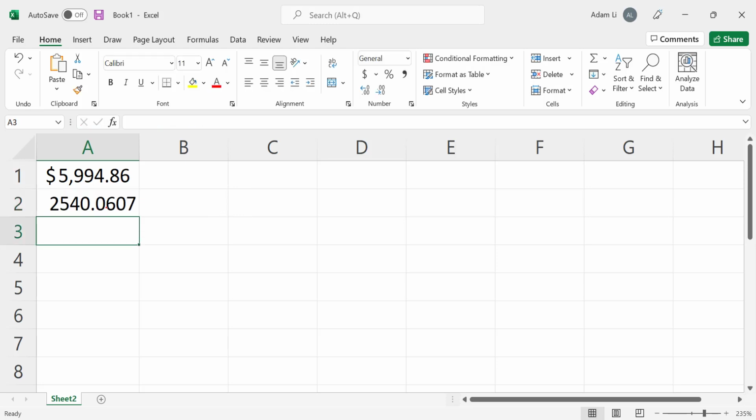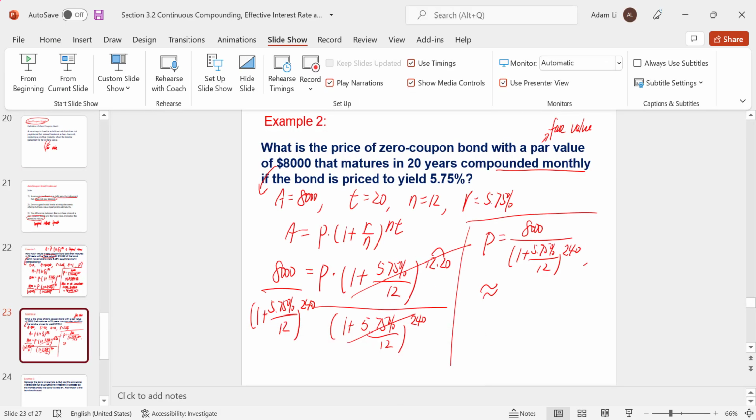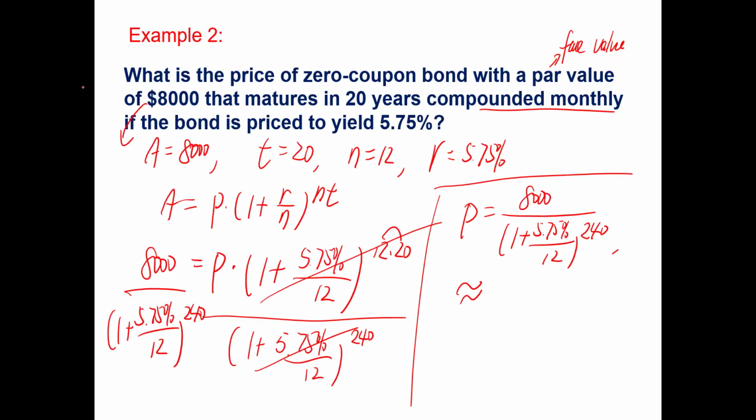Let's see what that is. It's $2,540 and 6 cents. Okay, that will be the price of the bond right now. And as you can see, the investor is getting $8,000 in 20 years.